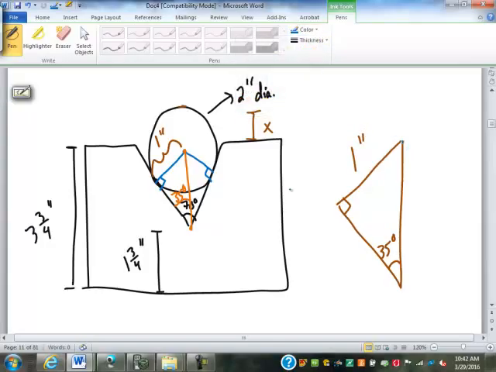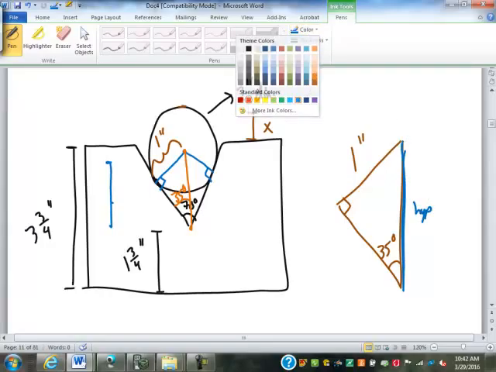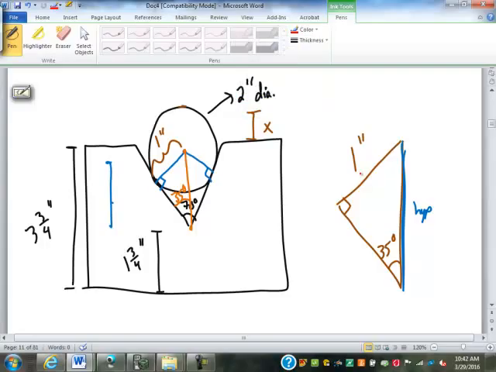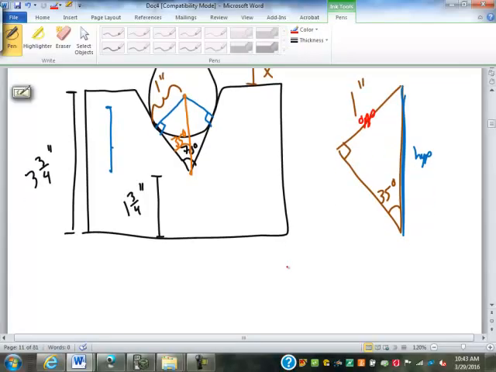Now what I'm interested in, I'm trying to find heights up and down. So I'm interested in this side right here, which is the hypotenuse. Which side is the 1? That would be the opposite. So I am dealing with a sine, opposite over hypotenuse.